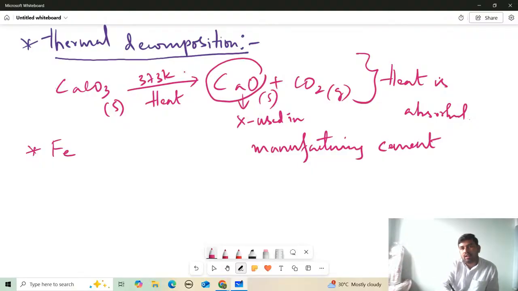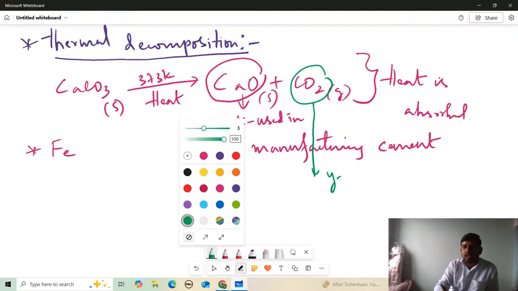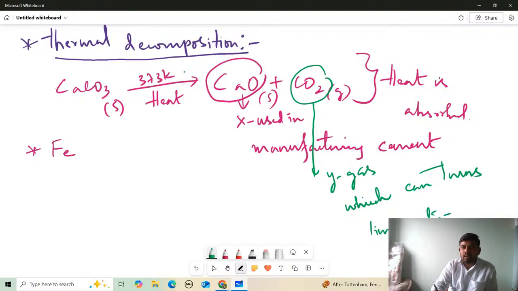What kind of hint can they give about carbon dioxide? They can say that gas Y is produced which turns lime water milky white.